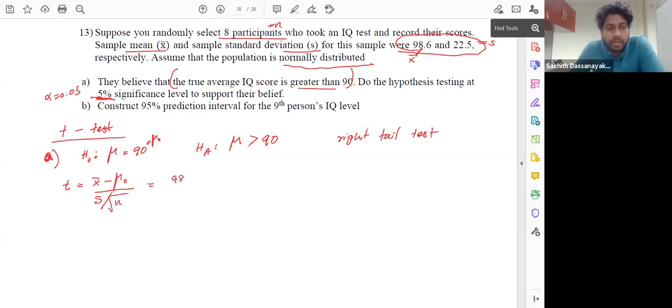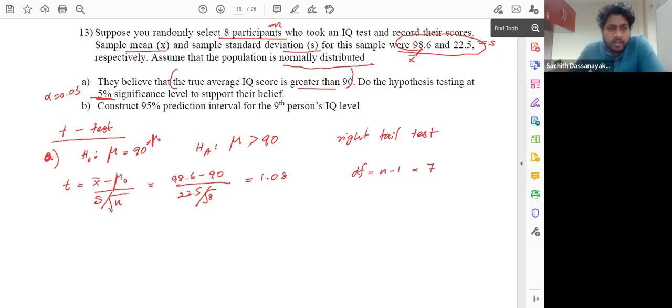So plug the values: 98.6 minus 90, s is 22.5 over square root of 8. So this equals 0.8. You need degree of freedom as well. Degree of freedom equals n minus 1, which is 7.